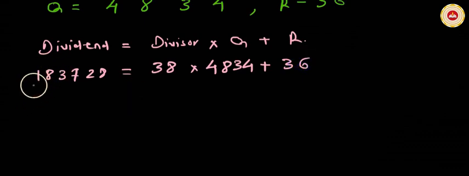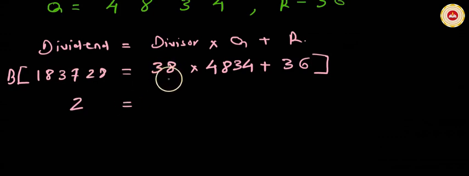Now apply the Bijanka method. Let us calculate the Bijanka of the dividend, divisor, quotient and remainder. Bijanka means digital root. 1 plus 8, 9, leave it. 3 plus 7, 10. 10 plus 2, 12. 12 plus 8, 20. 2 plus 0, 2. The Bijanka of this number is 2. 8 plus 3 is 11, 1 plus 1, 2.